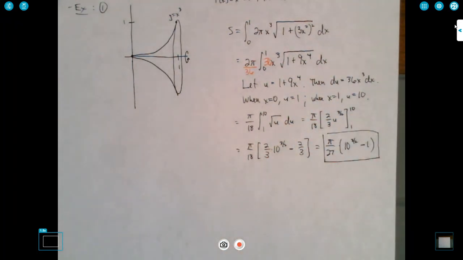That's about as good as you're going to get it in terms of getting a nice answer. If you want a decimal approximation, you could pop that into your calculator and see about how much that is. So let's do that. Pi over 27 times 10 to the 3/2 minus 1.